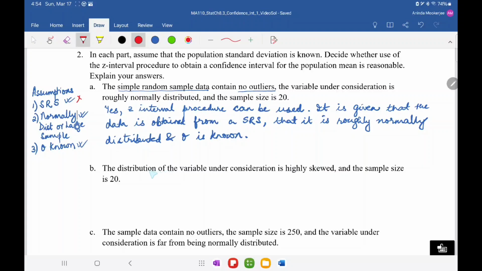It says the distribution of the variable under consideration is highly skewed. When it is a highly skewed distribution, that means it's not normally distributed.